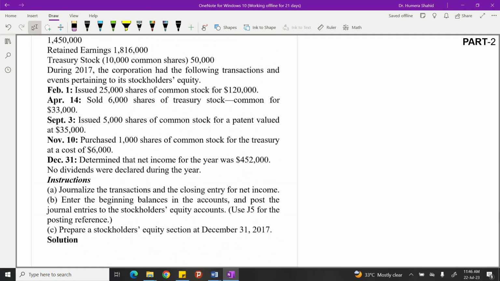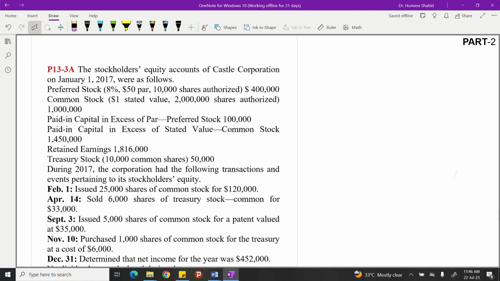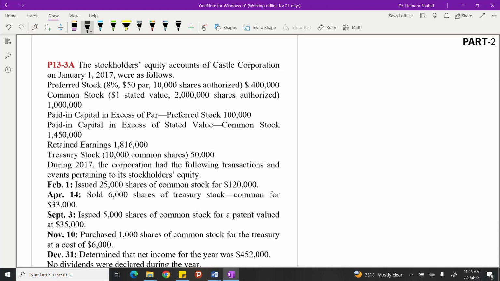The last question for this chapter is problem number 13-3. The stockholders' equity accounts of Castle Corporation on January 1st, 2017 were as follows. We have preferred stock 8%, $50 par value, 10,000 shares authorized.